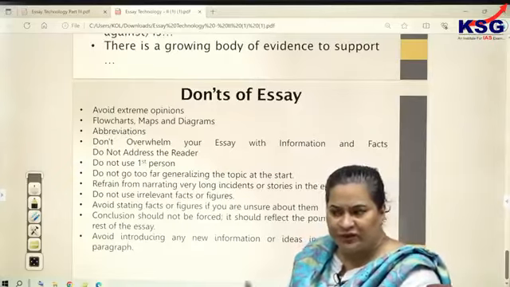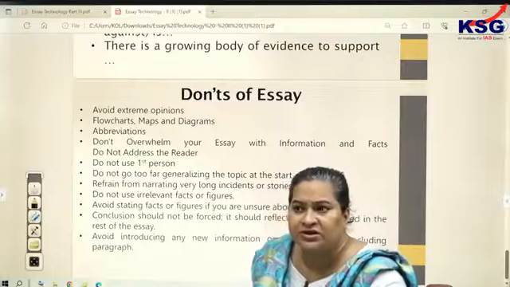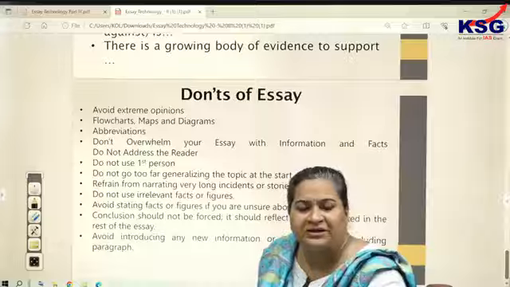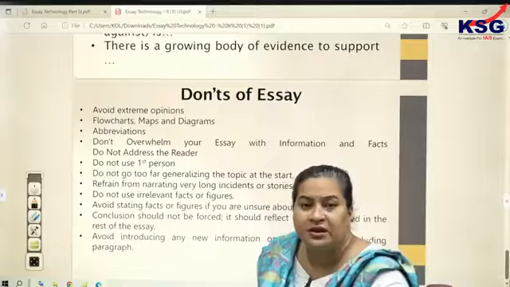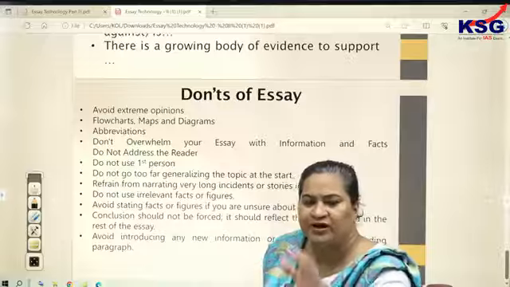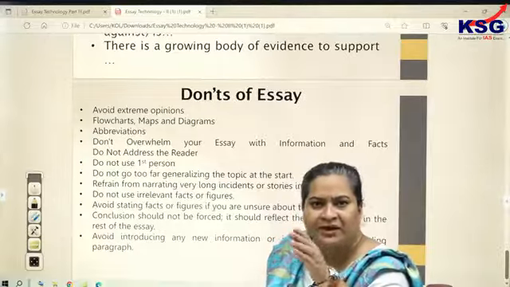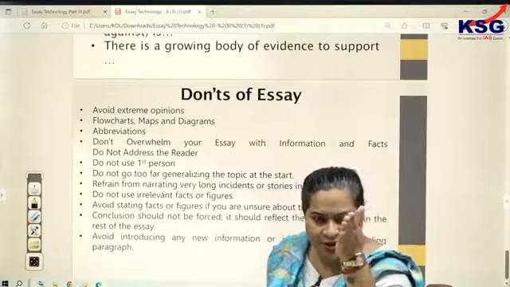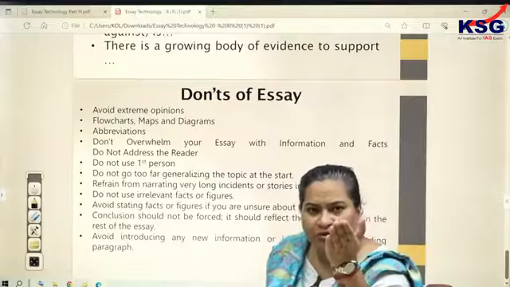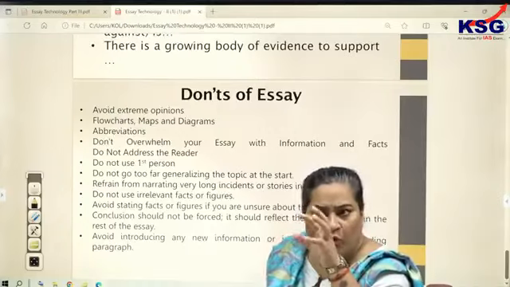Just understand the kind of impact it can generate if, para after para after para, you're reading a list of successful women. You're writing Indira Gandhi, then Kiran Bedi, then Rani Jhansi or Lakshmi Bai, then Lata Mangeshkar, women who are successful from all walks of life.